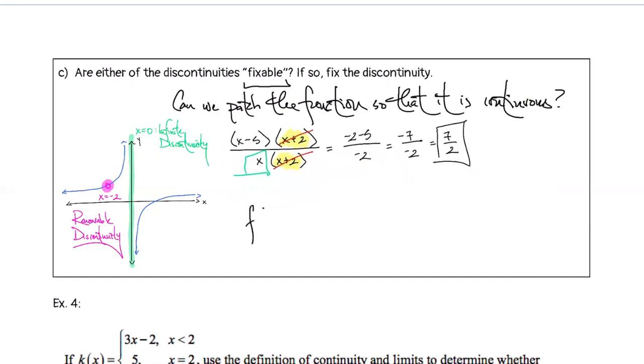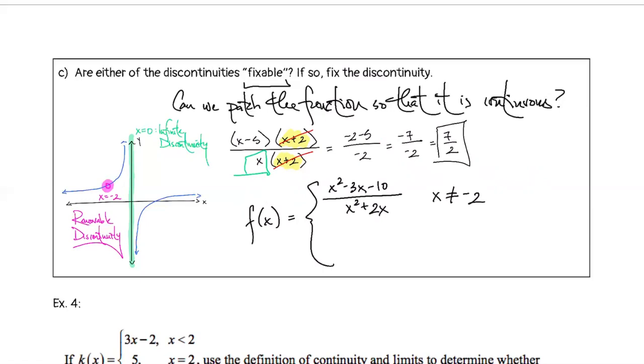We're going to say f of x equals, and we're going to write two different functions. One is the original, x squared minus 3x minus 10 over x squared plus 2x, for as long as x is not equal to -2, so x is less than -2 or x is greater than -2.